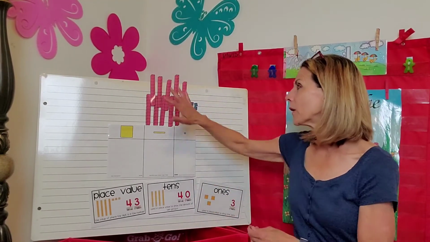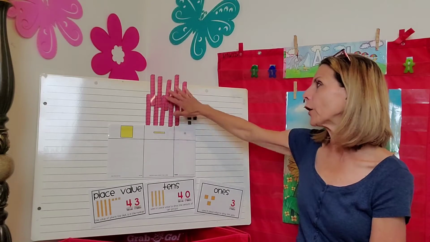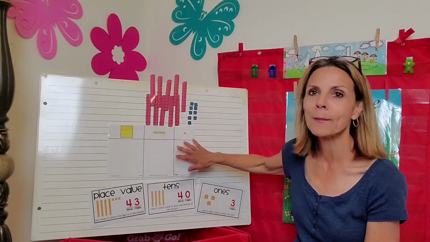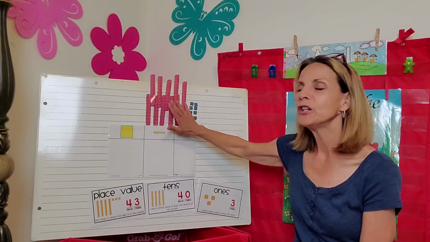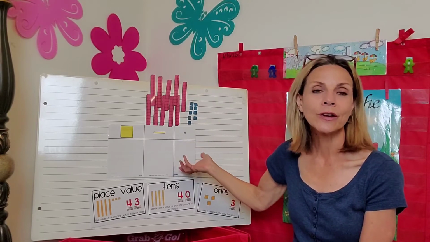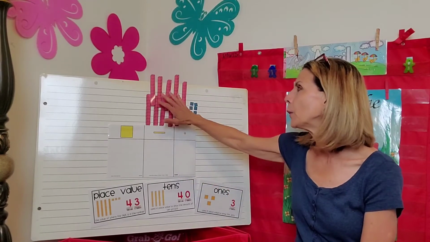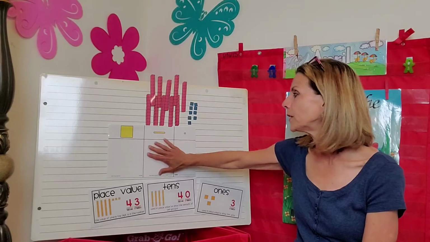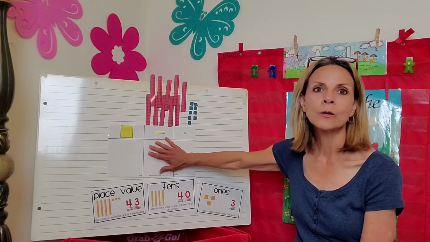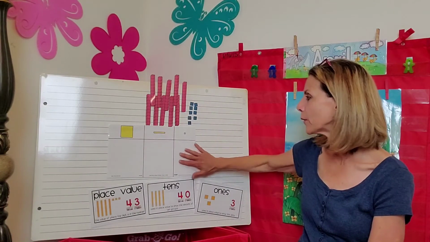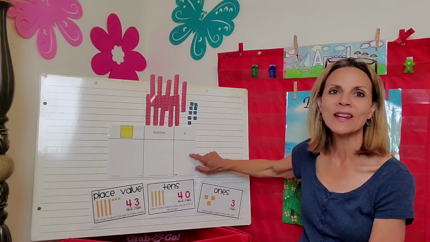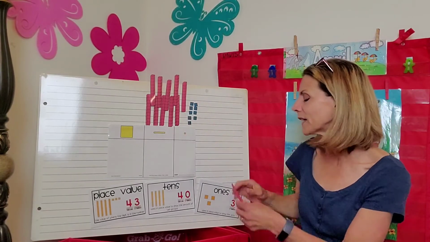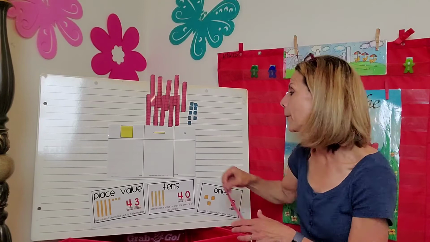And I tried to organize them. My little counters here are bigger than my board, so it took up a lot of space. But when you're organizing your counters for building, we always would put our 10s above the place where we're building our groups of 10, and then we put our little ones counters, our ones units, right here above. So I tried to organize that way. Okay, first one, here we go.